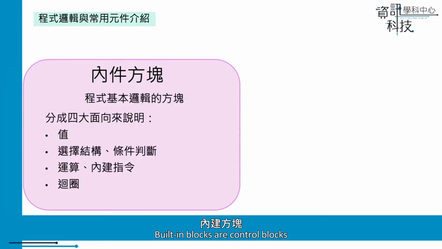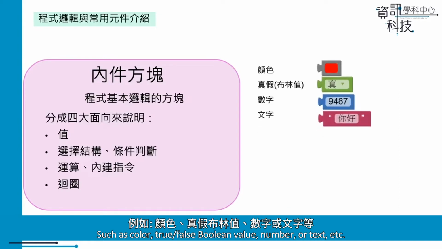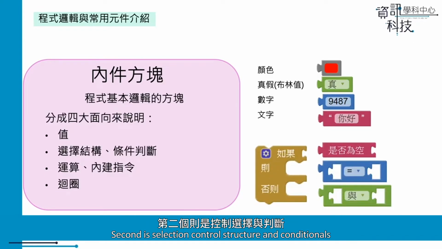Built-in blocks are control blocks, which can be explained in four aspects. First is to set relevant values, such as color, true, false, Boolean value, number, or text, etc. Second is selection control structure and conditionals, such as if, then, else.